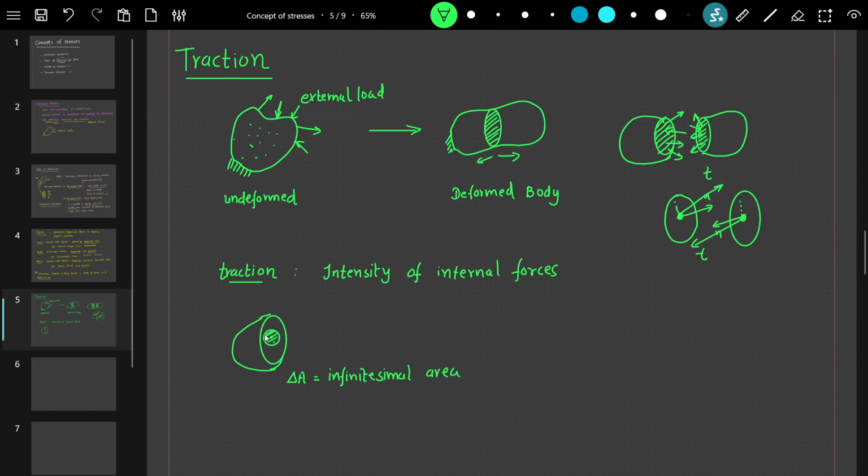Infinitesimal means very small; at the microscopic level it becomes zero. And at this point let's take the internal force as delta F. So we can say the intensity of force I is equal to delta F by delta A at the microscopic level.